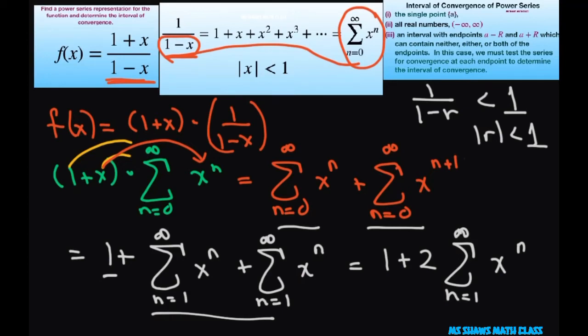Since we have this form, this is going to converge when the absolute value of x is less than 1. So we're just looking at this piece here, and let's look at that. We're going to get the absolute value of x is less than 1, because it looks just like this one except the first term is gone.